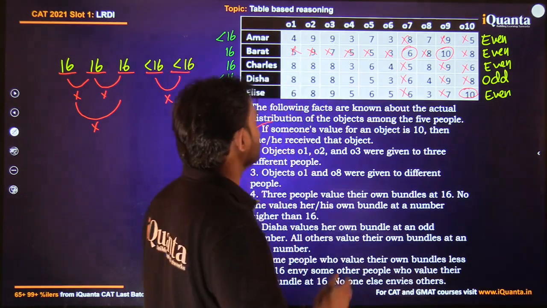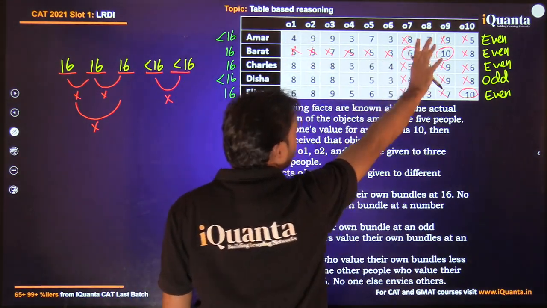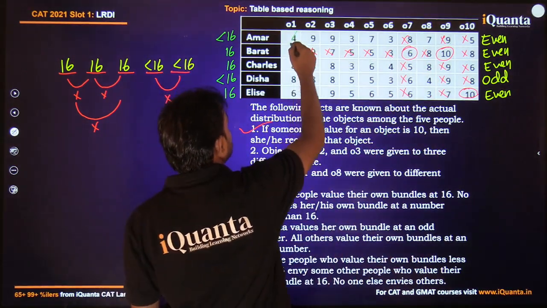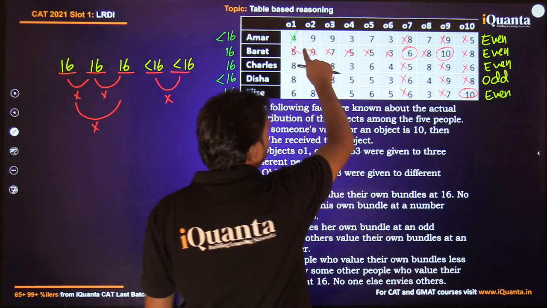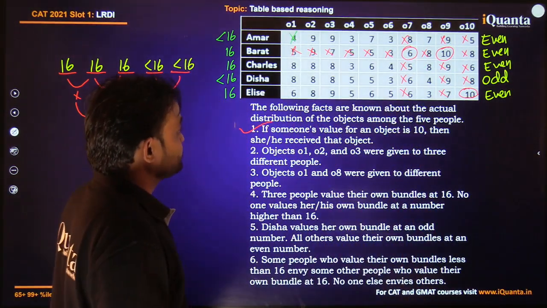If we take one object 4, there is no other object which he values as an even number, so this is not possible. So we will have to take any two of these remaining.